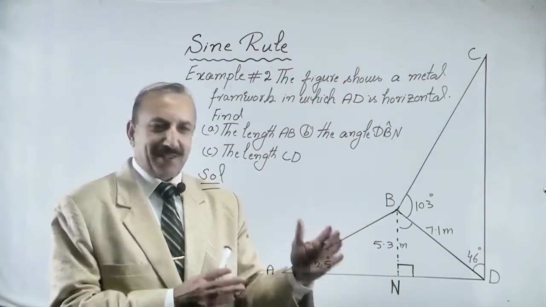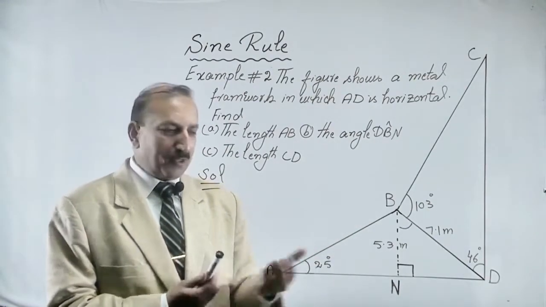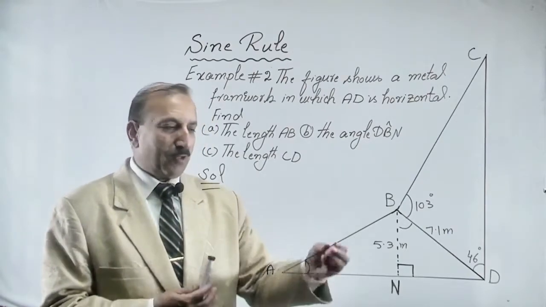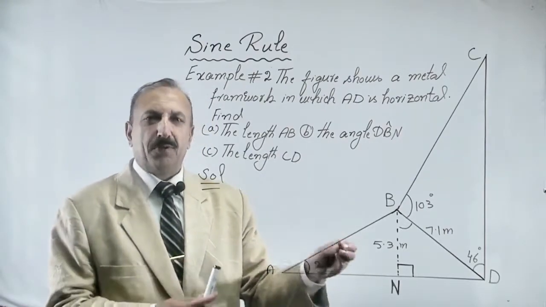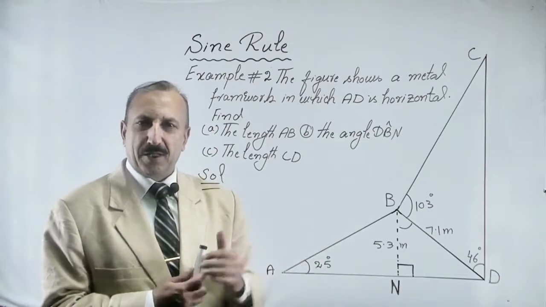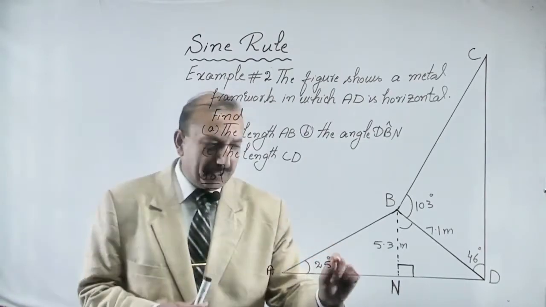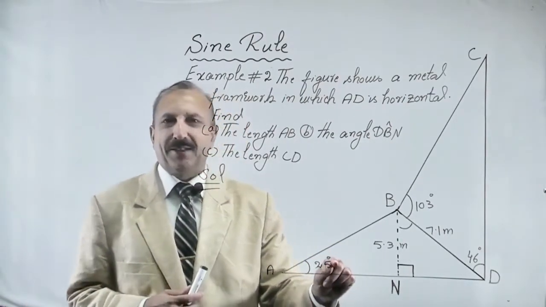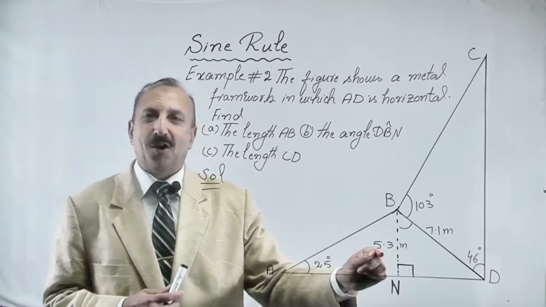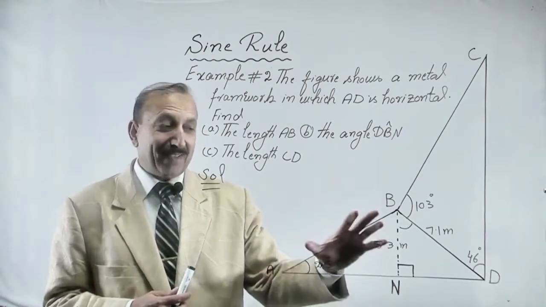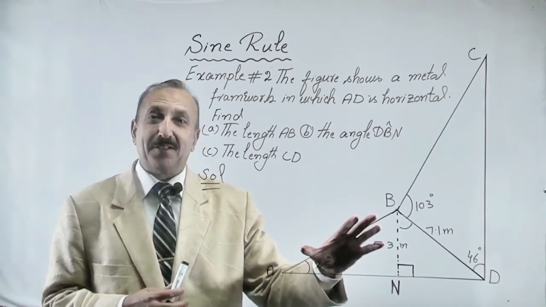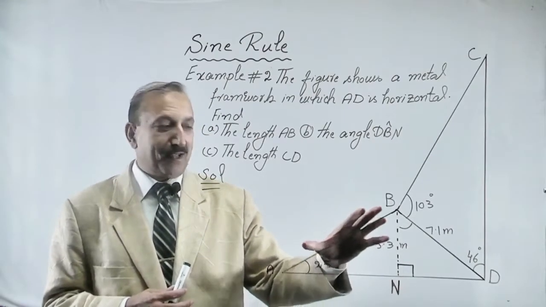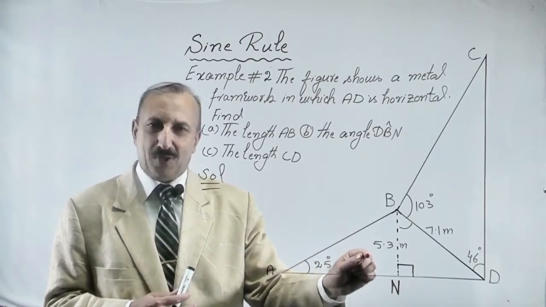Now we will work with this right angle triangle. There's nothing to worry about, because we have done a lot of work with trigonometric ratios in right angle triangles. According to this angle, the given side is opposite, and the side in focus that we are supposed to find is the hypotenuse of this triangle.